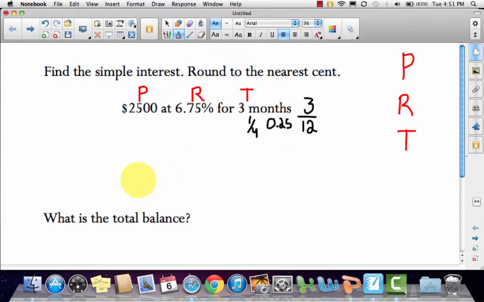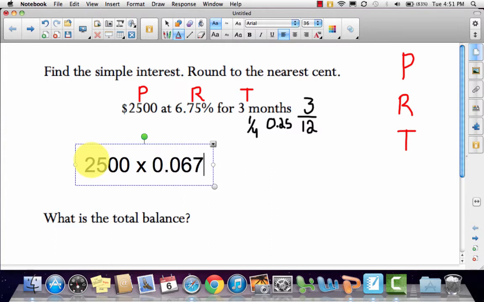So here we go. In order to find the simple interest on this account, I would take 2,500, which is the principal. I'm going to change my percentage into a decimal, and I do that by moving the decimal point 2 times to the left, which would create the decimal 0.0675. And then I'm going to multiply that times the time. And I'm going to choose to use the decimal 0.25.